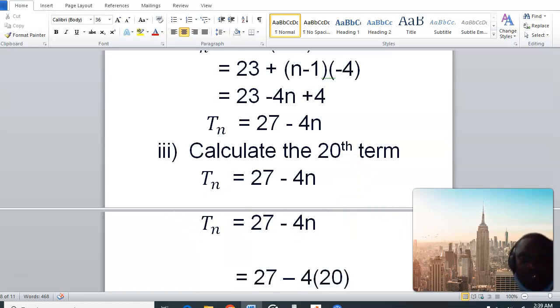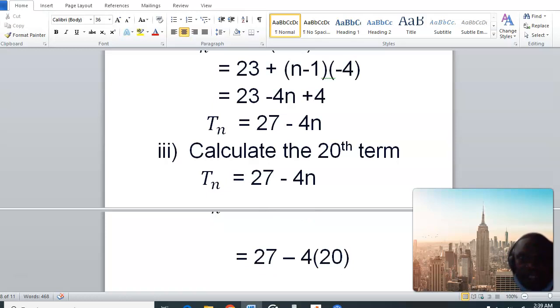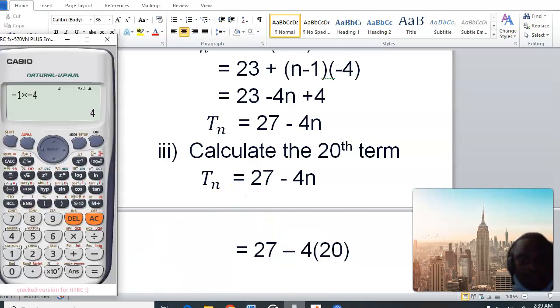So what you need to do is substitute 20 where you see n. So you have 27 minus 4, and instead of writing n, you write 20. So we are going to simplify this one. How do you press this on the calculator?